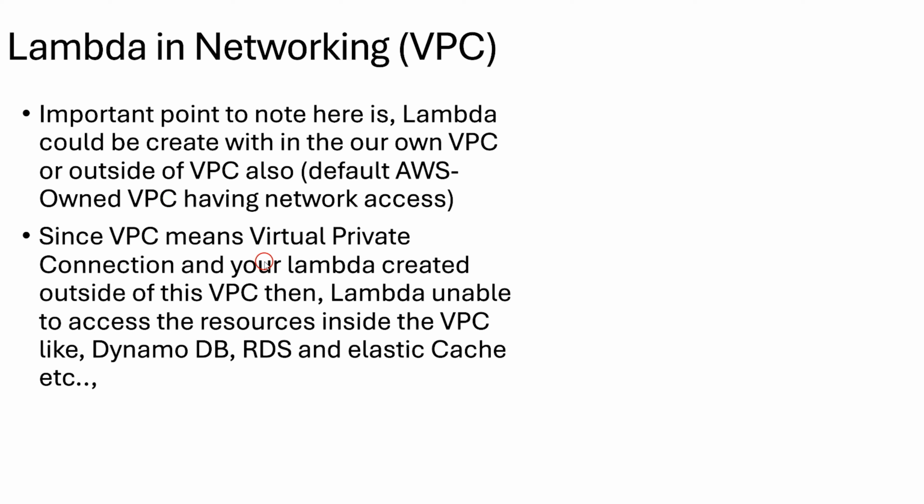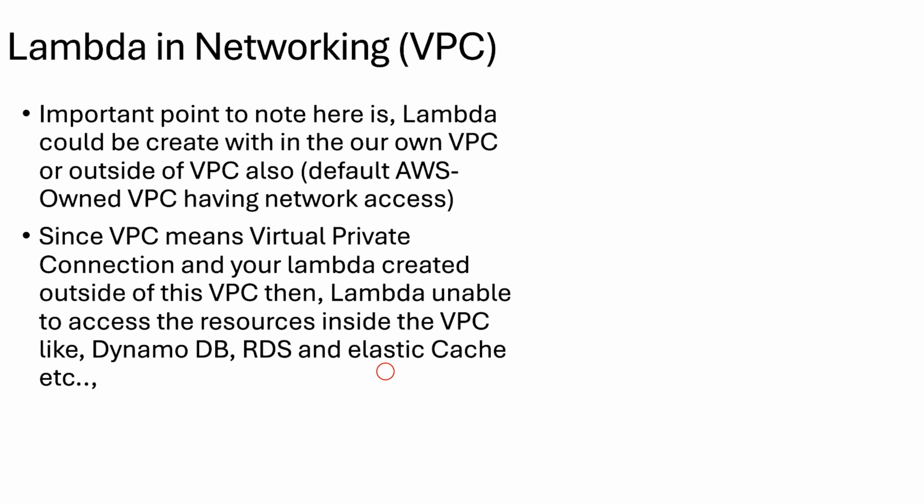Now look at the second point. Since VPC means virtual private connection, and if your Lambda is created outside of this VPC, then Lambda is unable to access the resources inside the VPC, like DynamoDB, RDS and ElastiCache. That means you created a Lambda outside a VPC, and you also have a VPC with RDS, DynamoDB and ElastiCache inside it.